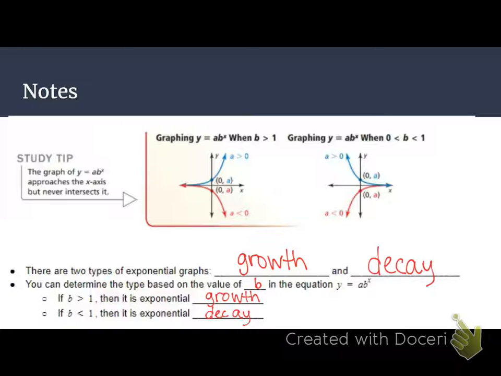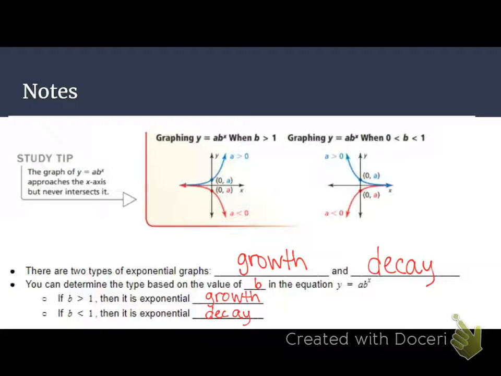Growth and decay functions have a lot of applications as far as things like population growth or decrease, bacteria growth, things like interest on some sort of loan, or interest that you're earning on an investment.